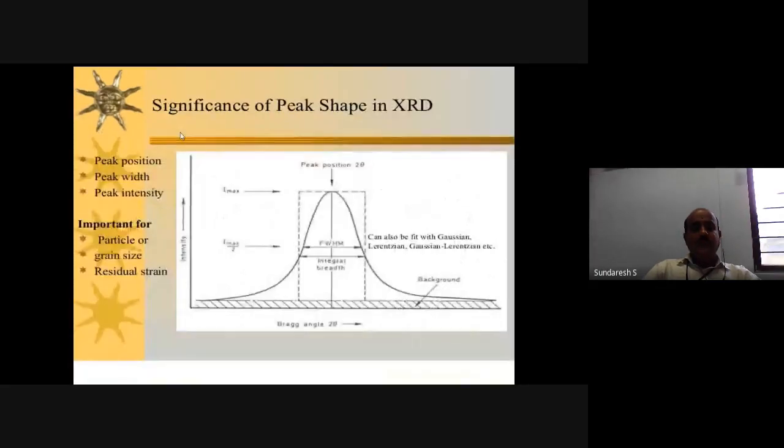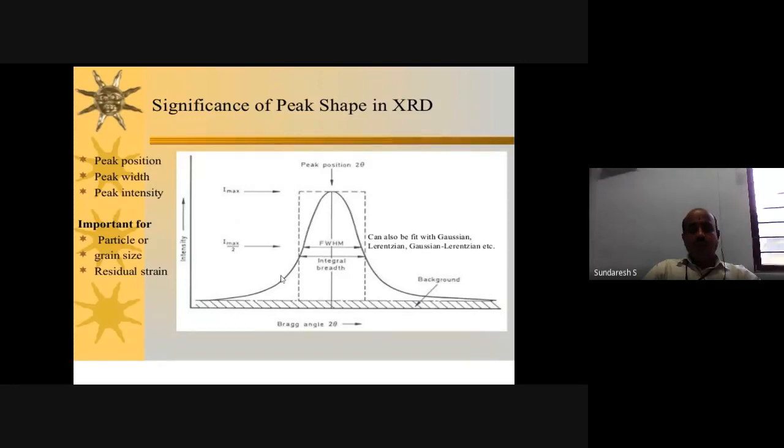The significance of peak shape in XRD: peak position, peak width, and peak intensity. These are important for particle or grain size and residual strain. See here, you can see the peak position. We can also have the Gaussian distribution over here.